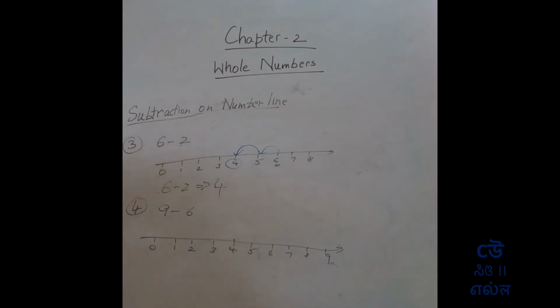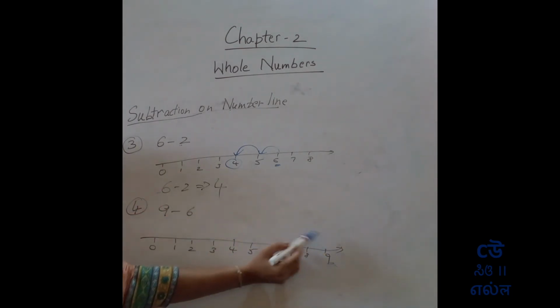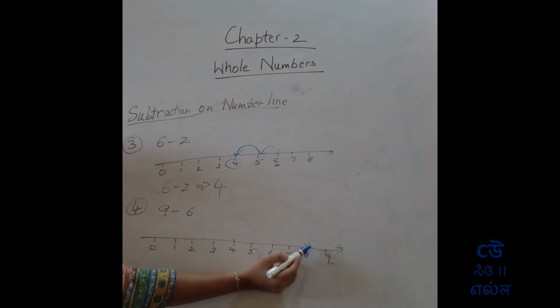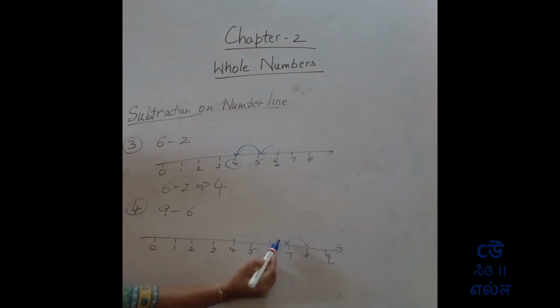How many times back do we have to go? 6 times towards the left. So 1, 2, 3, 4, 5, 6. 6 times we went. What is the answer we got? 3. So 9 minus 6, we got 3 as the answer.